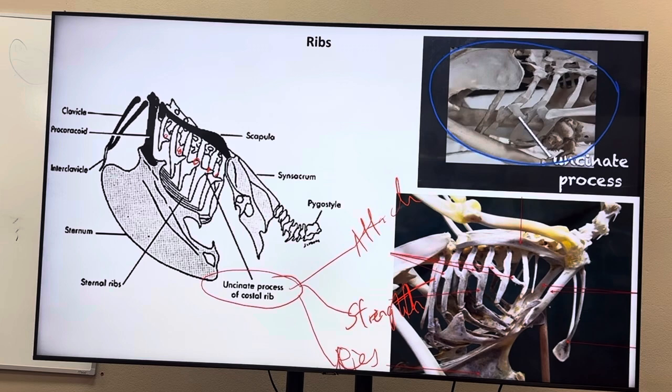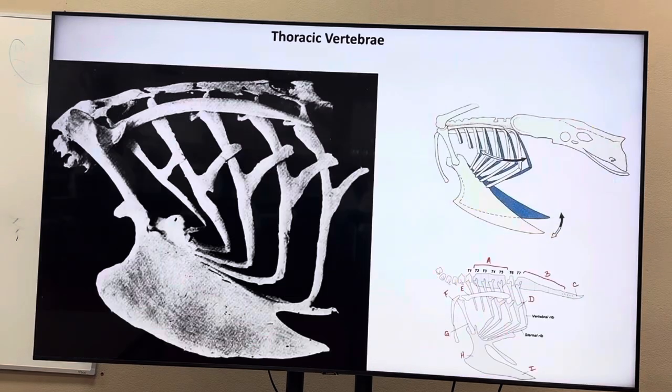So during flight, especially during the downward stroke, the wings strike on the rib cage. So these uncinate processes give strength and stability to the rib cage during this process.